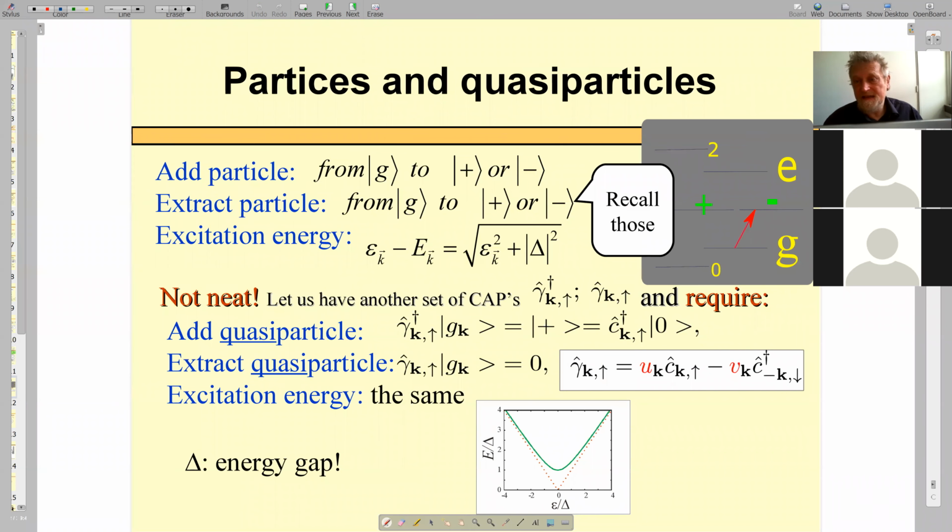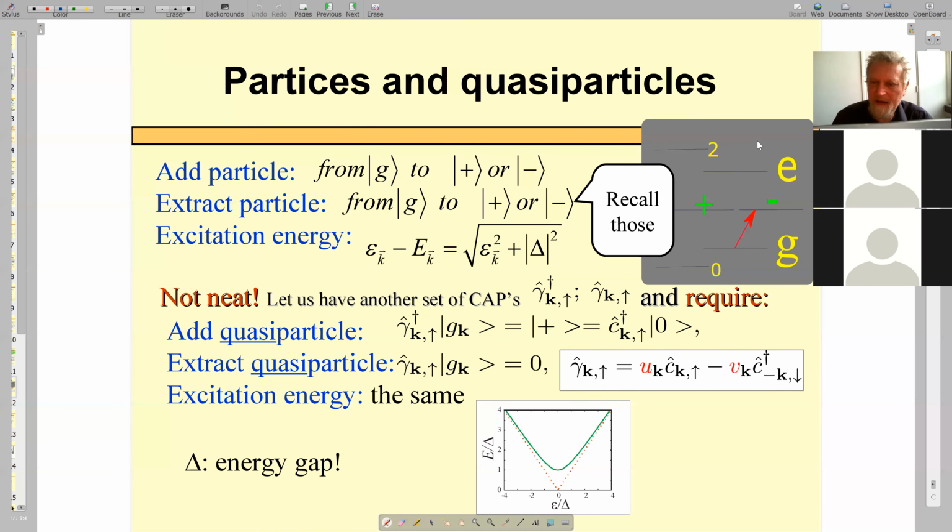And let us understand how this changes the properties of charged excitations in a superconductor. It's a bit of physics, and simultaneously it's a bit of tricking with creation and annihilation operators. Good.